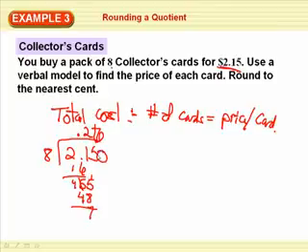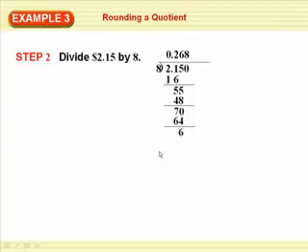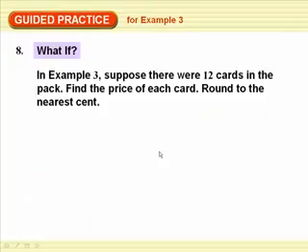Add another 0 because it wants us to round to the nearest cent. That's the hundredths place, so we got to go out 3 places then, and that's going to go in there 8 times. So that's going to round to about 27 cents per card. And there's the same thing, rounded to the nearest cent, 27 cents.